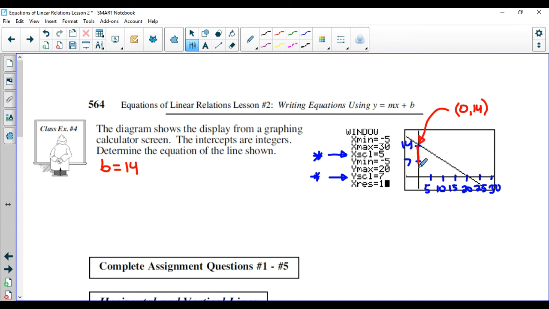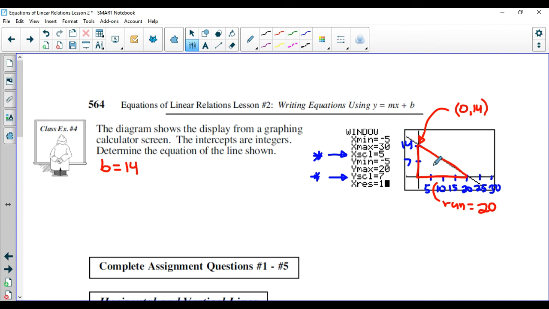So to get the value of m, if I draw a slope triangle, on this slope triangle the run would be equal to, we're going across by 5, 10, 15, and 20.